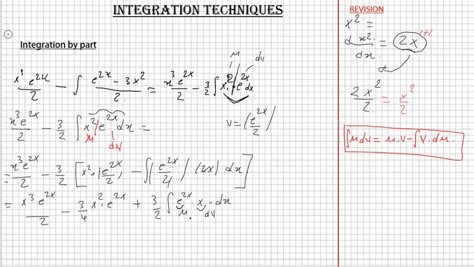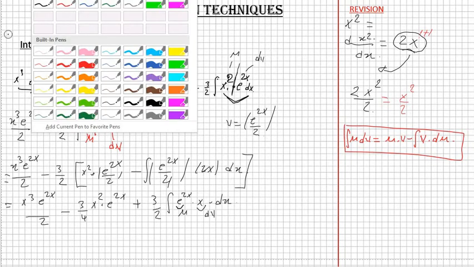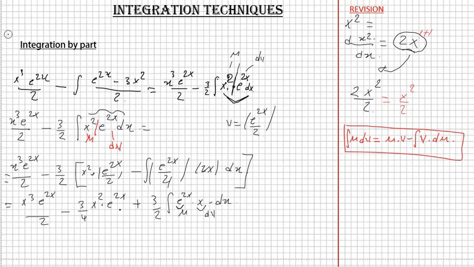So I'm gonna need to get the derivative of u and v. If I further proceed, first I need to repeat what is on the left hand side: x³ e^(2x)/2 minus 3/4 x² e^(2x) plus 3/2.